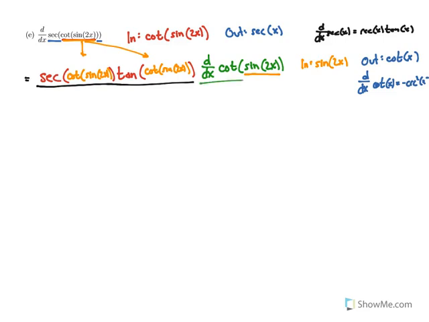So this derivative is going to be negative cosecant squared of sine of 2x times the derivative of sine of 2x.